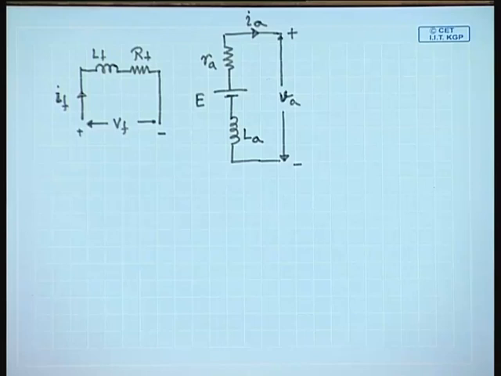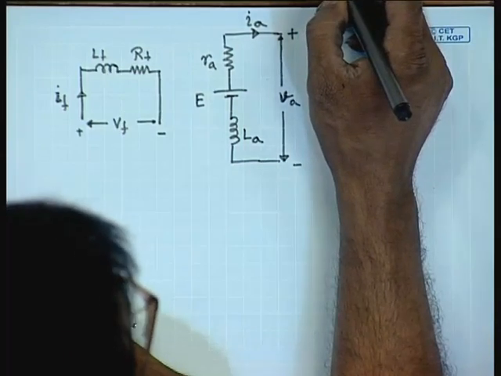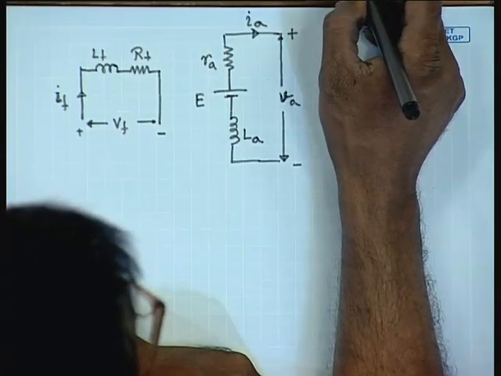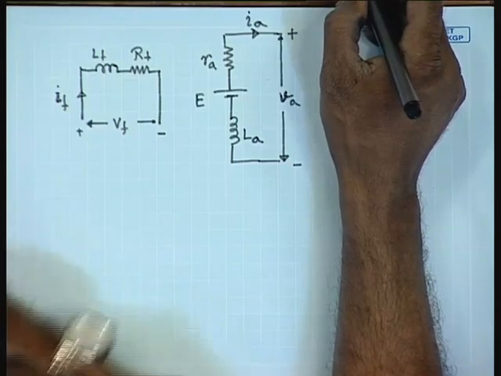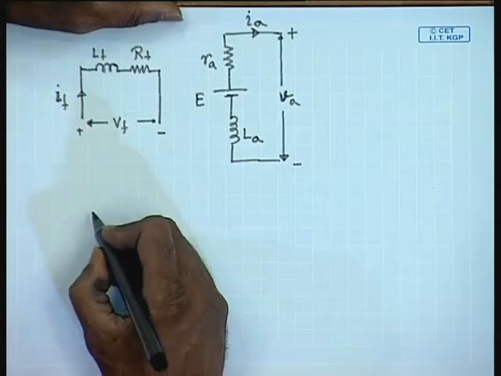For steady state operation, the currents IA, VA, IF, VF are all DC, therefore, the inductances do not play any role in determining the steady state behavior of a DC machine. Therefore, we can neglect the inductance for steady state operation.